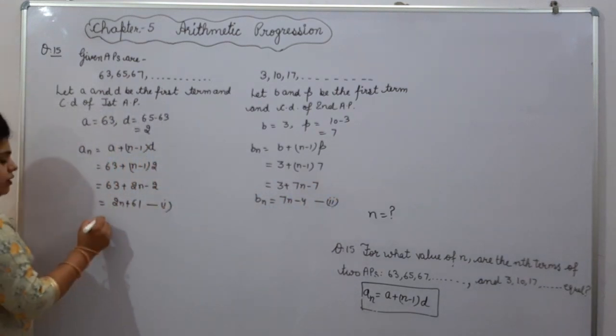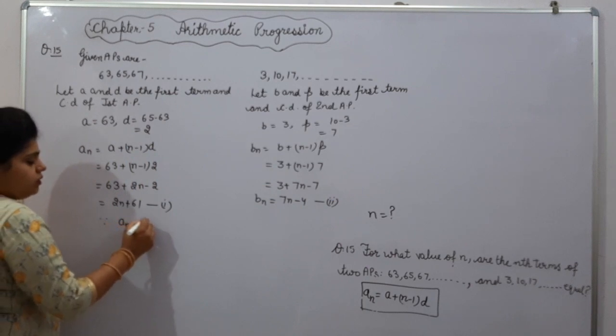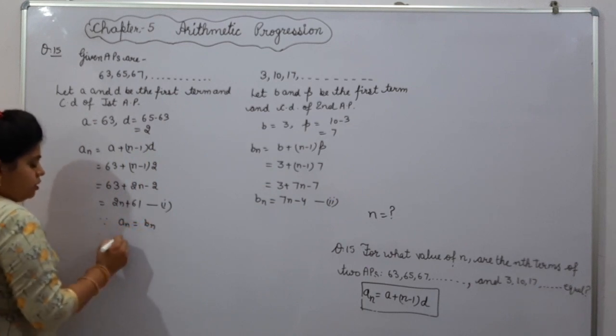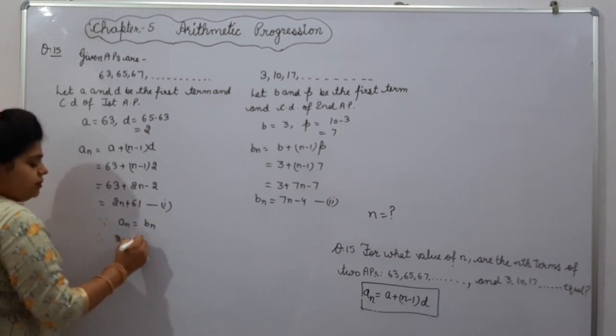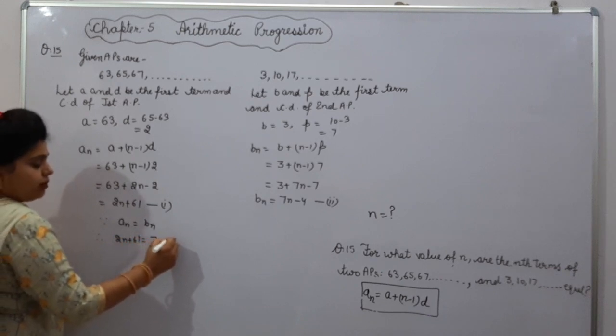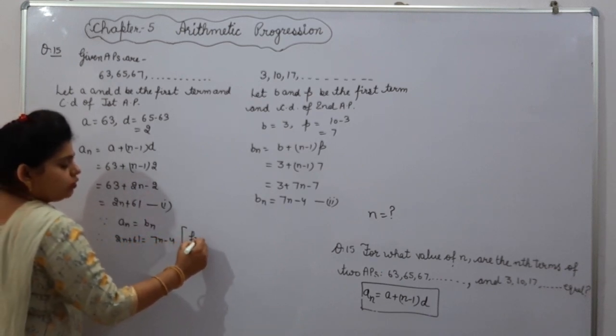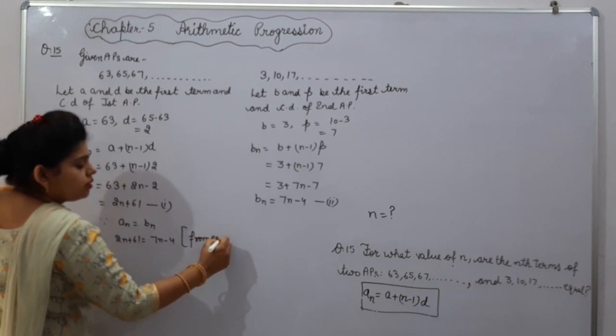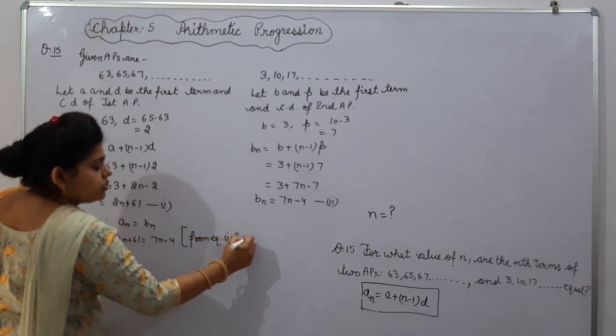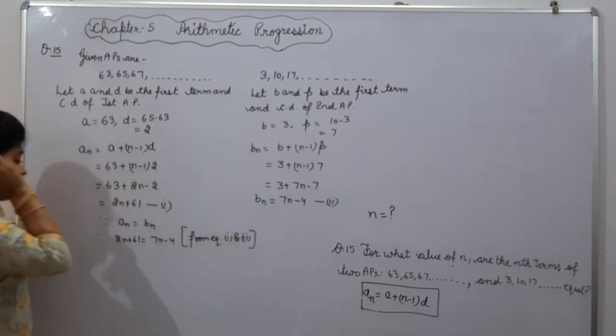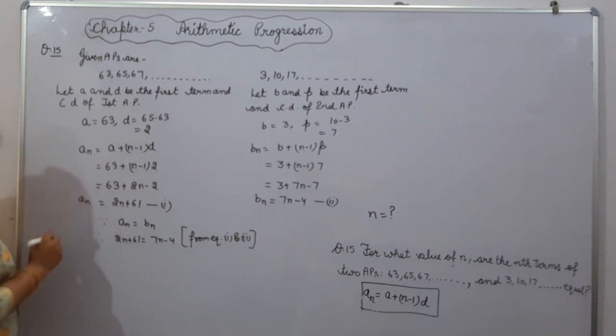Now what is given? an is equal to bn. So 2n plus 61 is equal to 7n minus 4. We will write from equations first and second, because these are the values of an and bn.